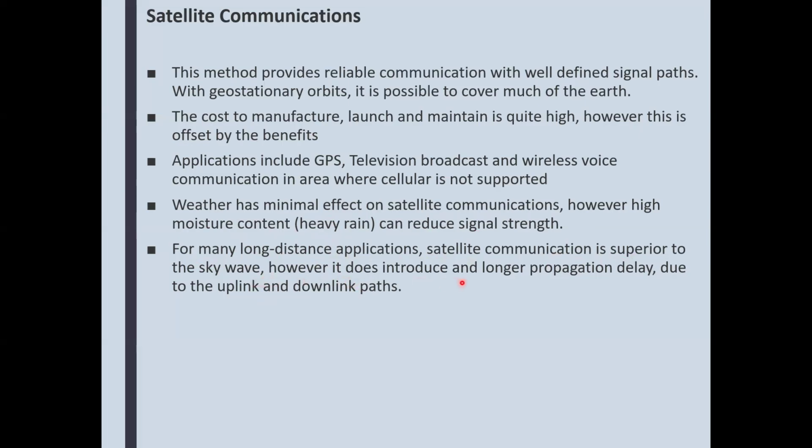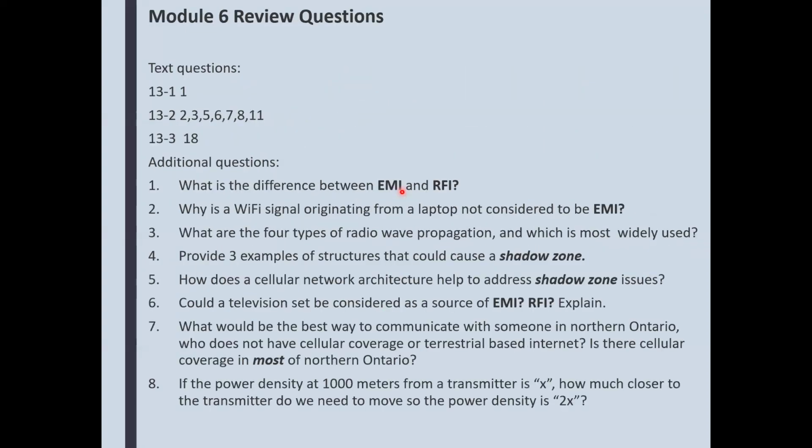However, it does introduce longer propagation delay. Due to the uplink and downlink paths, the signal takes time to travel, so propagation delay is going to happen when we're talking about high distances.